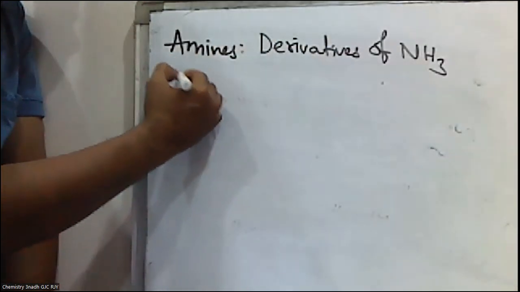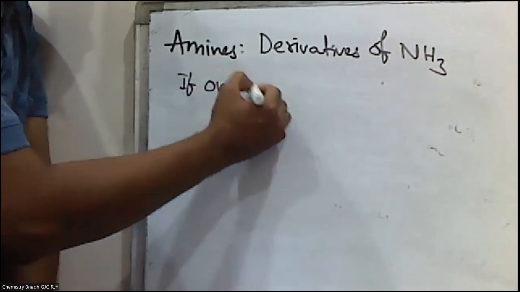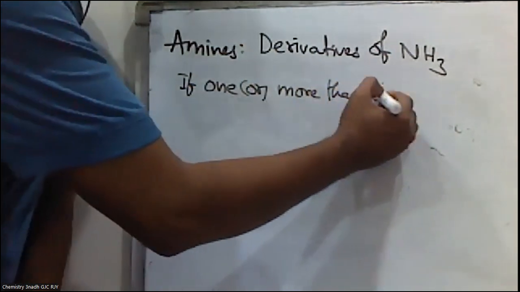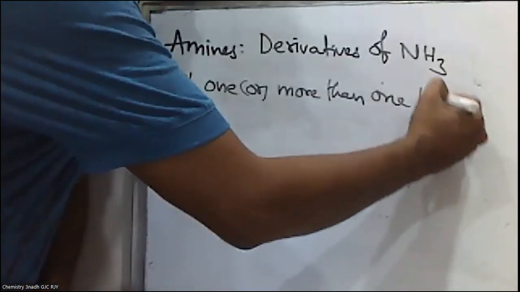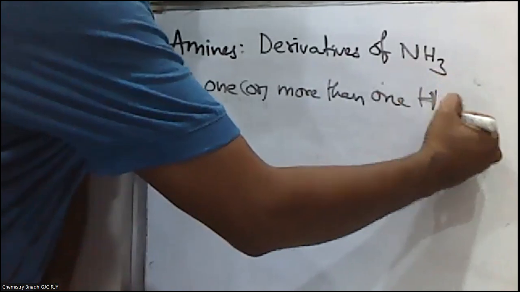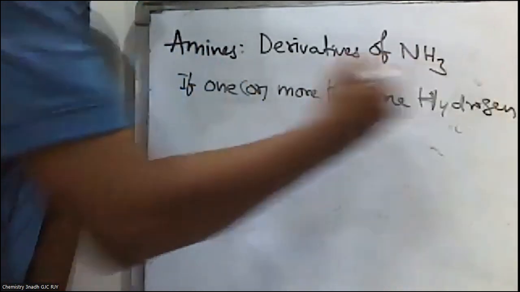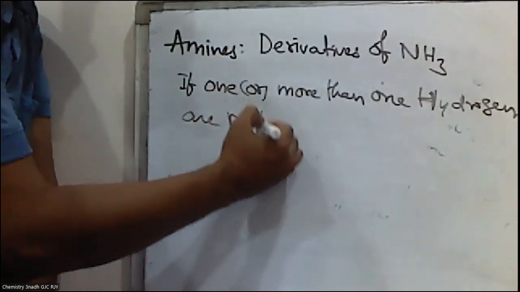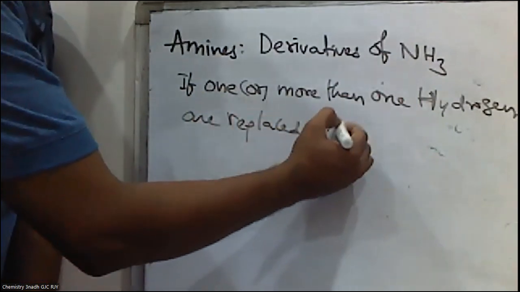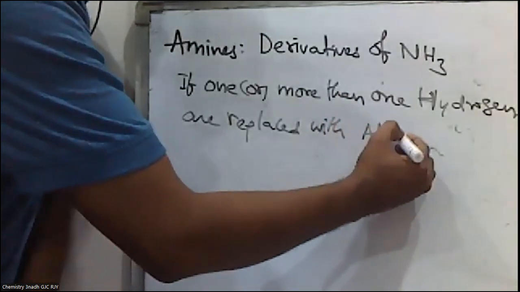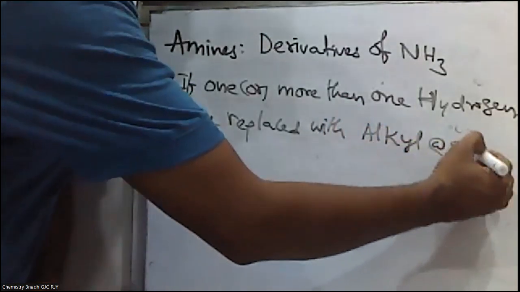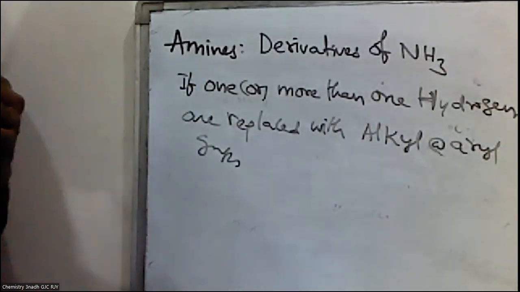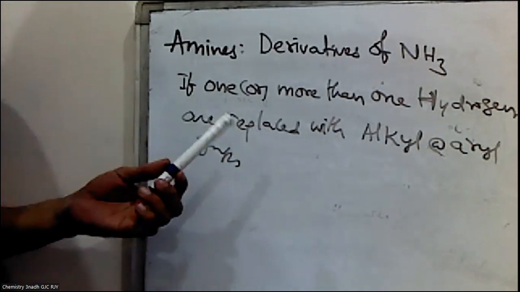In ammonia, if one or more hydrogens are replaced with alkyl or aryl groups, amines are formed.